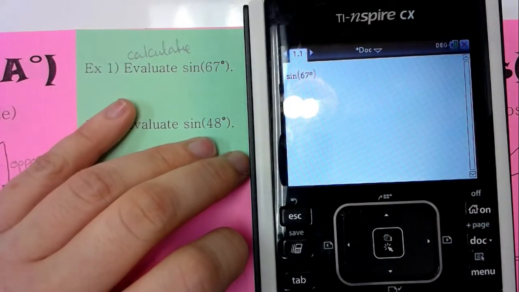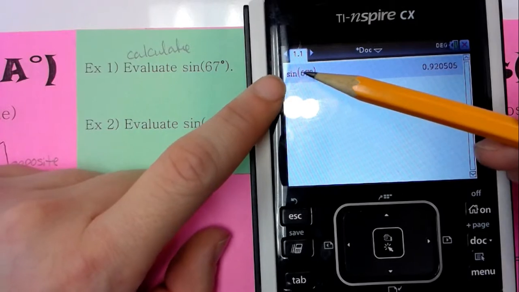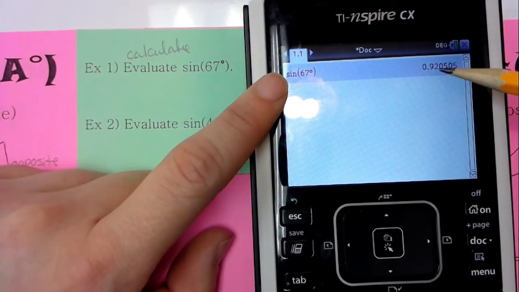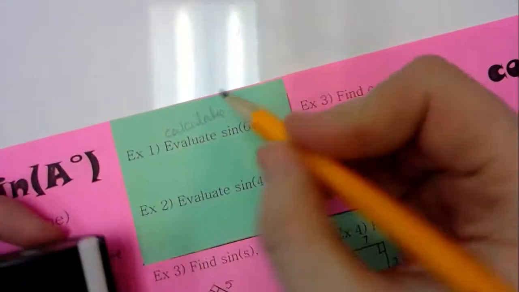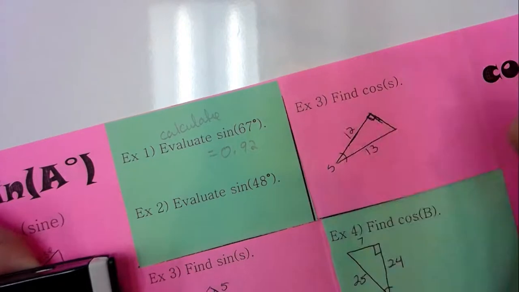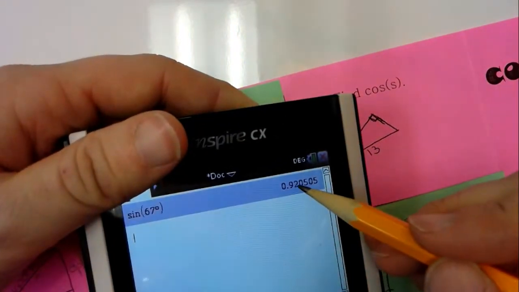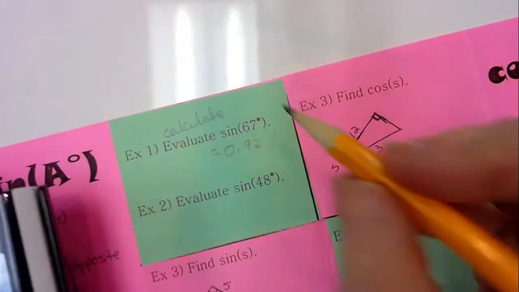I'm going to go ahead and put it in this time just to show you. And you see the ratio of the opposite side to the hypotenuse of 67 degrees is 0.92. Let's round it to 3 decimal places, so it's going to be 0.92, and then the 5 makes the 0 go up to a 1.